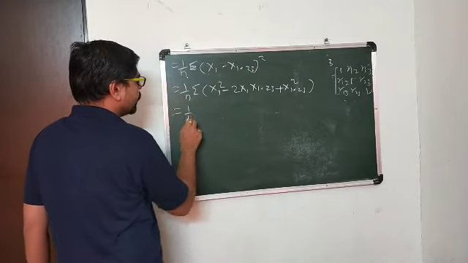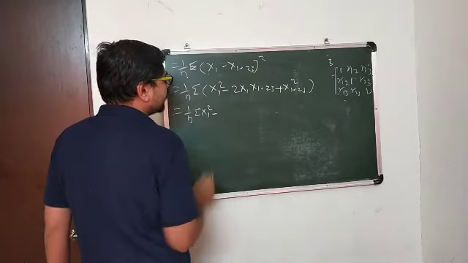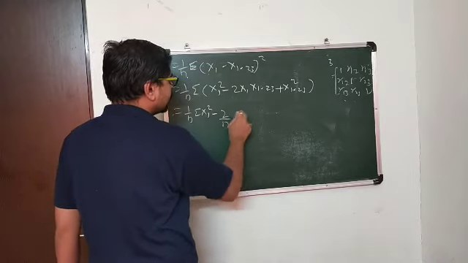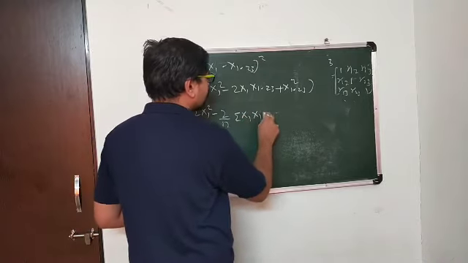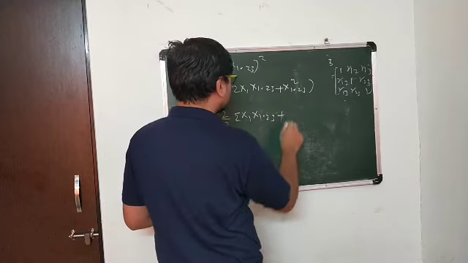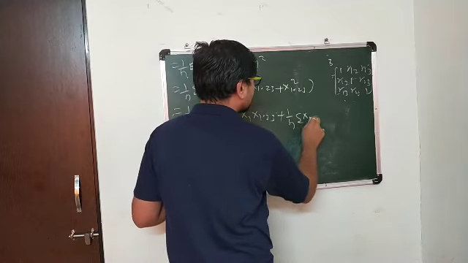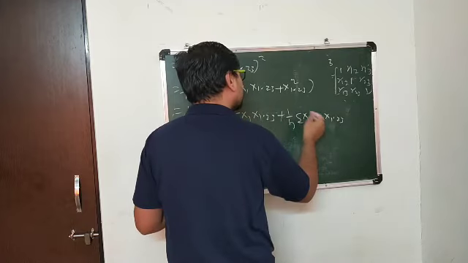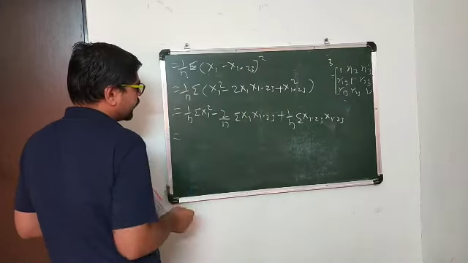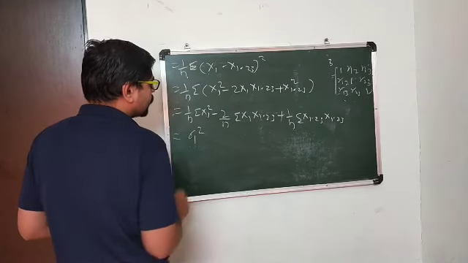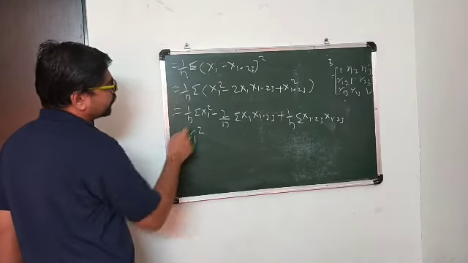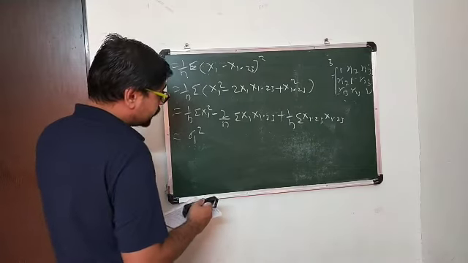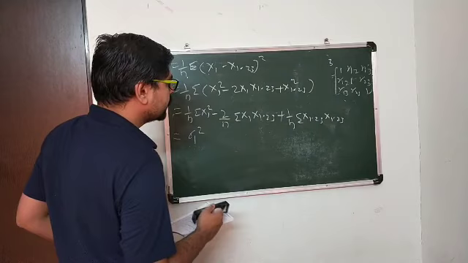So 1 upon n summation x1 squared minus 2, which is a constant, so take it outside the summation, 2 upon n summation x1 x1.23 plus 1 upon n summation x1.23 squared. So what we have is the variance of x1, 1 upon n summation x1 squared, as x1 bar is 0.